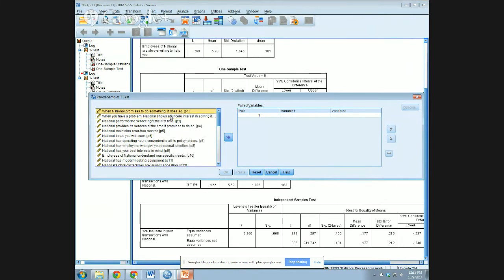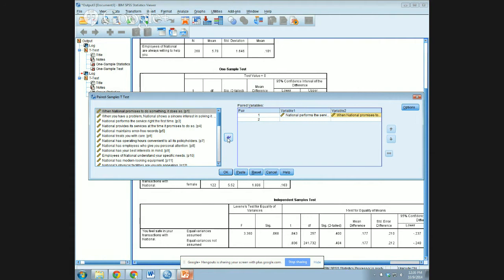We have no grouping variable. We want to find out whether people think that National performs the service right the first time and when they promise to do something, they do it. Is there a difference between National promising to do it versus National doing it right the first time?